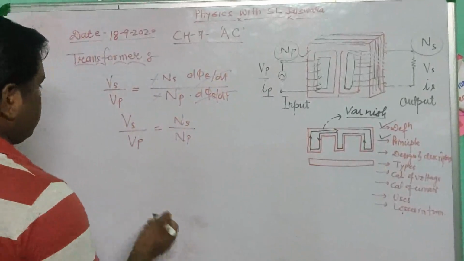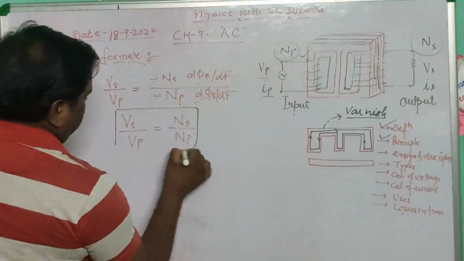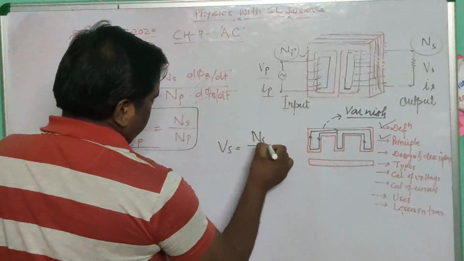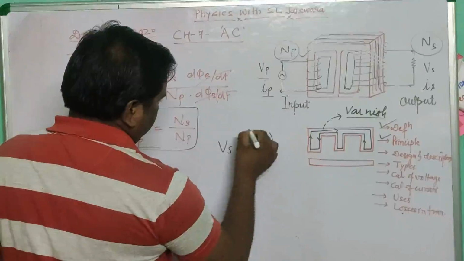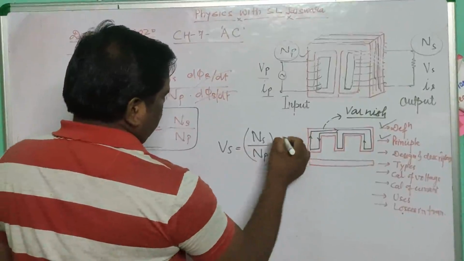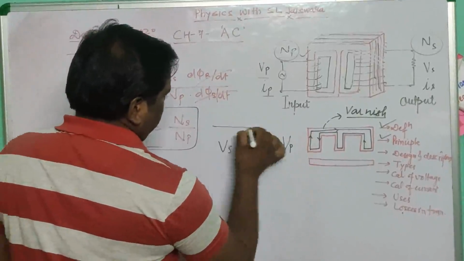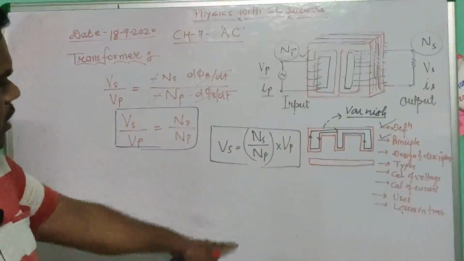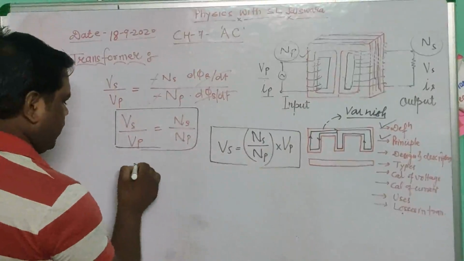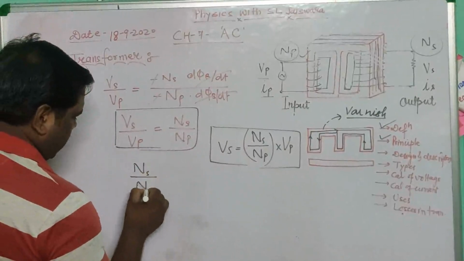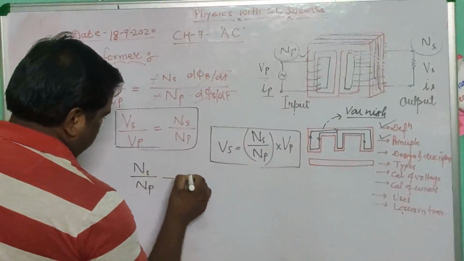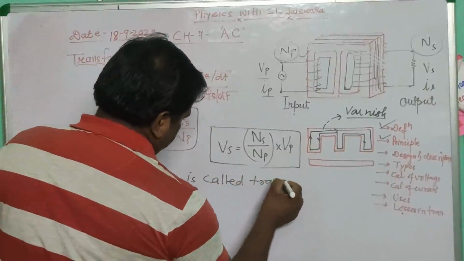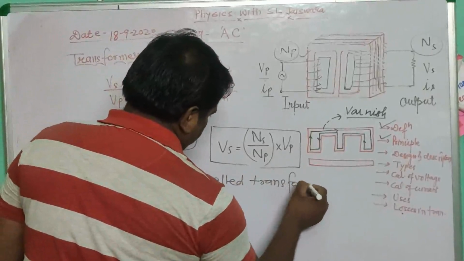Dear students, this equation can further be written as Vs equals Ns upon Np into Vp. This is another format of the same equation. See here, Ns upon Np is called the transformation ratio.